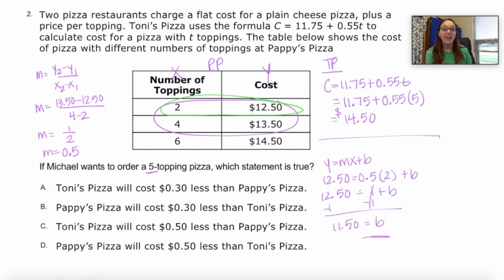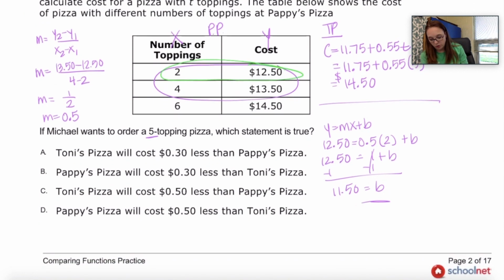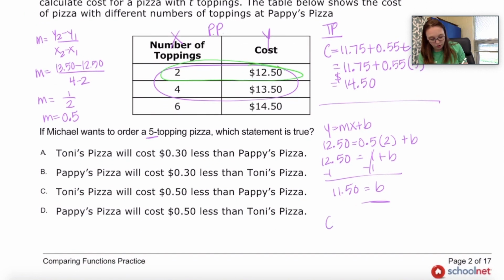Okay, so we found the y-intercept is 11.50. So for Pappy's Pizza, let's write the equation. Pappy's Pizza has the equation C equals, and the slope is 0.5, and we'll do T for toppings, plus 11.50.